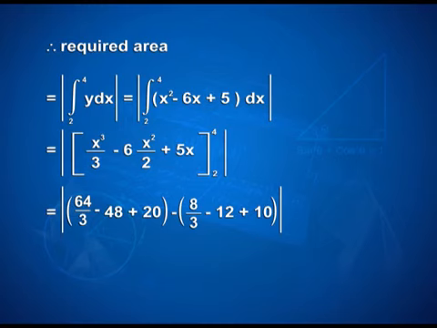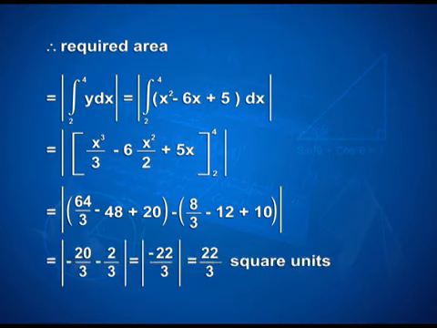That is equal to modulus 64 upon 3 minus 48 plus 20 minus 8 upon 3 minus 12 plus 10. That is equal to modulus minus 20 upon 3 minus 2 upon 3. That gives minus 22 upon 3. Absolute value is 22 upon 3 square units.